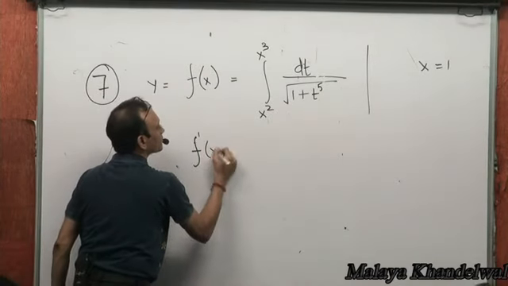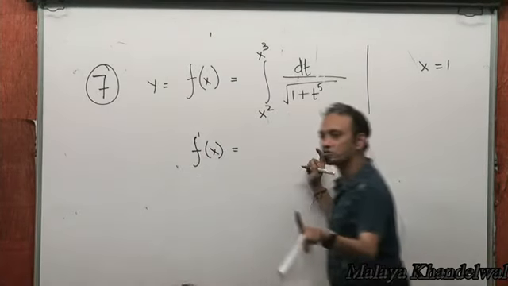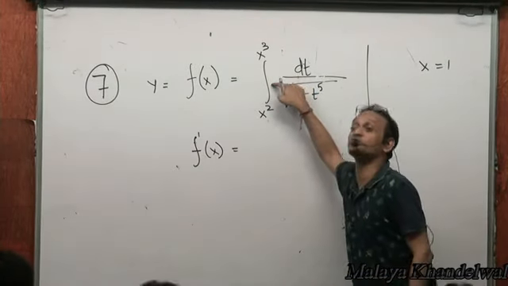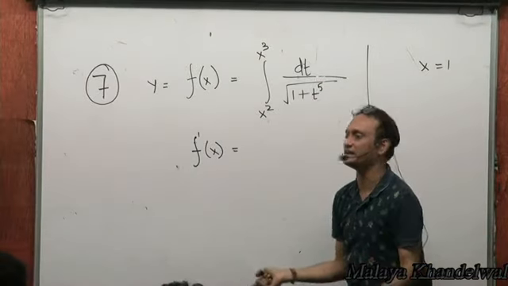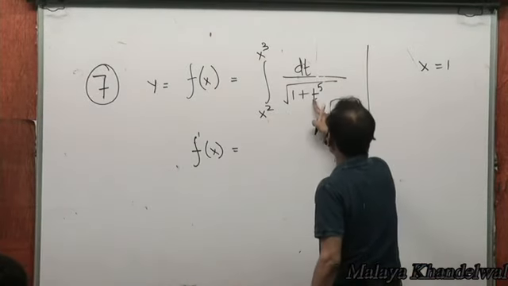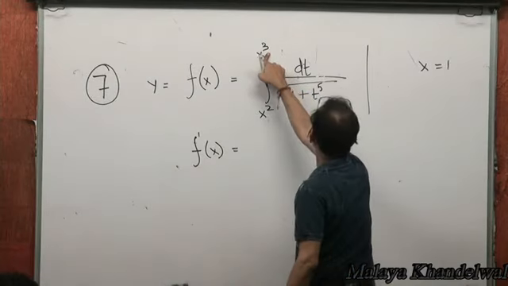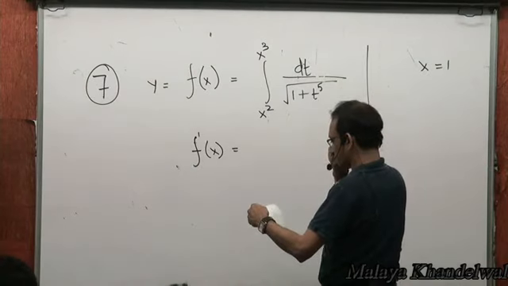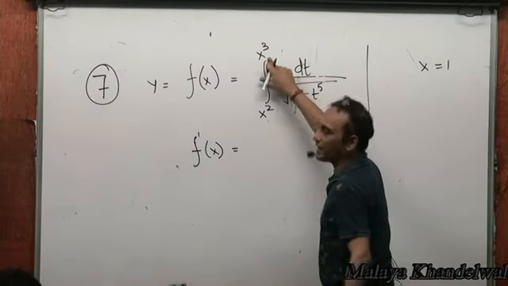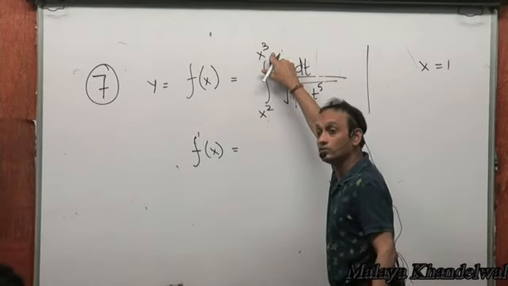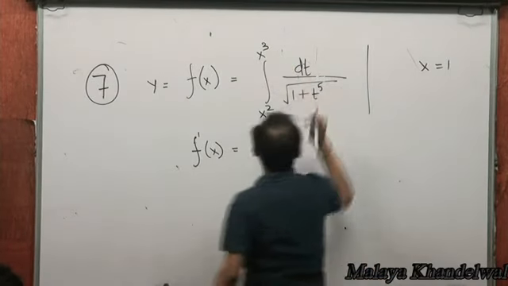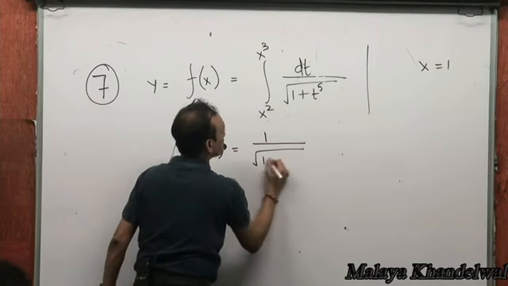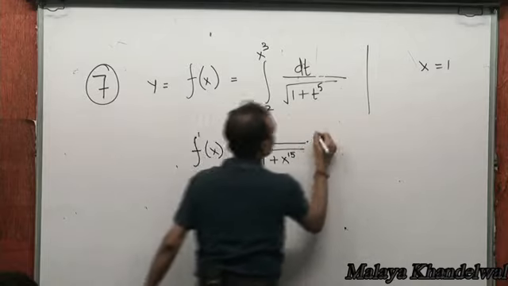f dashed x: there'll be three parts to that. The first one, differentiate 1 by root this in terms of x, which is going to be 0 because t and x are independent entities. In the second part, I'm going to replace t by x cubed and then differentiate x cubed with respect to x, which is 1 by root 1 plus x power 15 into 3x squared.